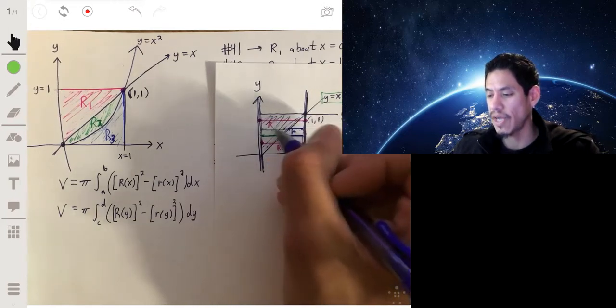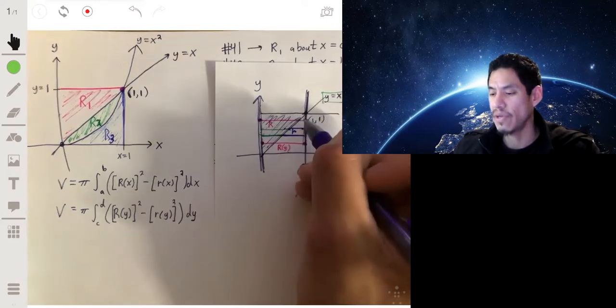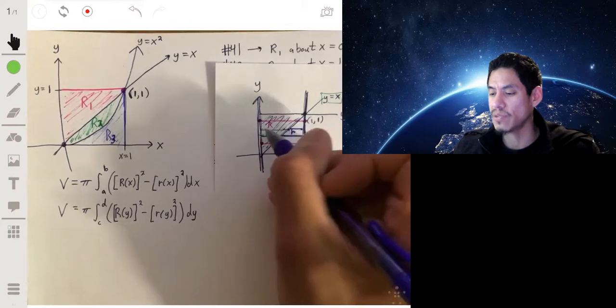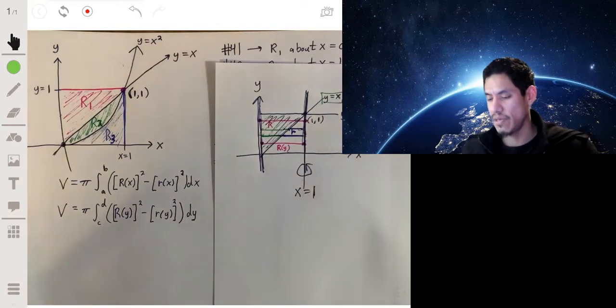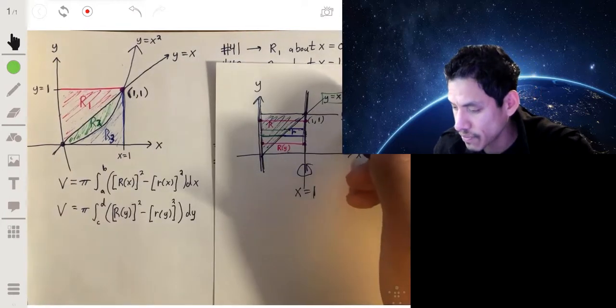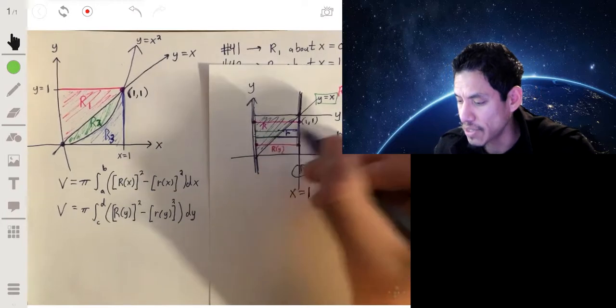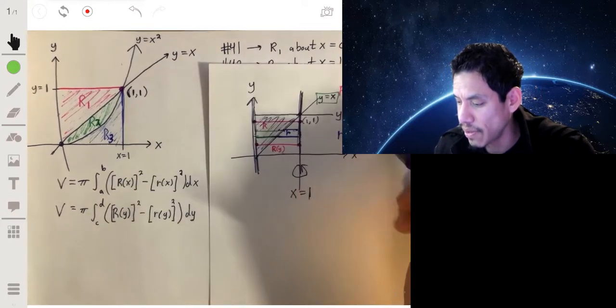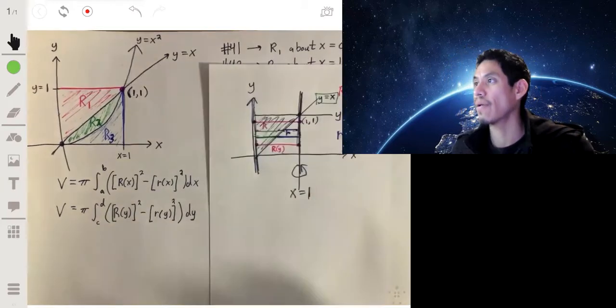The green line is generated by this equation. So you'll have 1 minus y, and that'll give you a little r. So r of y will just be 1 minus y, because y again is this length here.